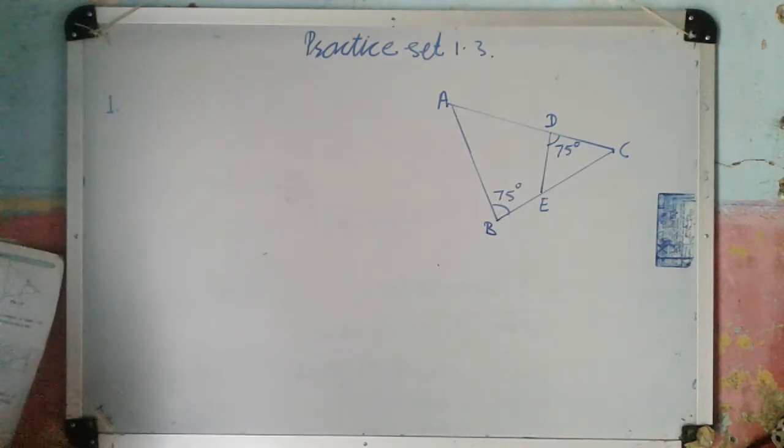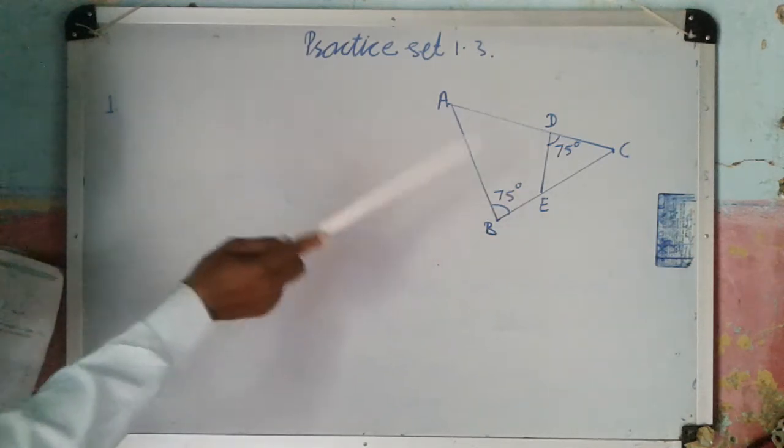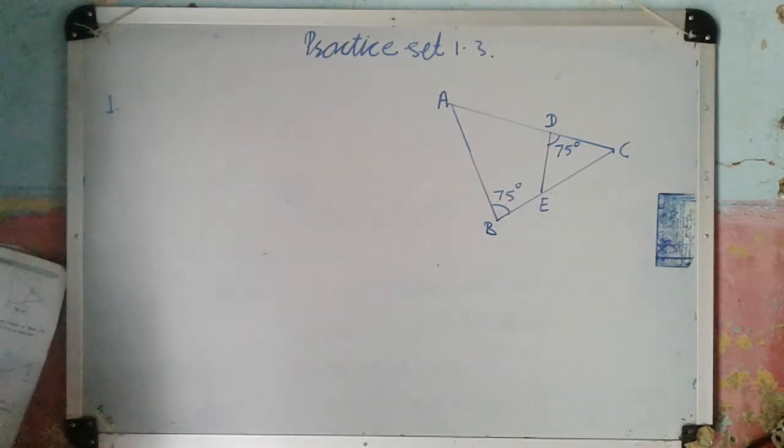State which two triangles are similar and by which test. So we have to state which two triangles in the figure are similar and by which test. Also write the similarity of these two triangles by proper one-to-one correspondence.